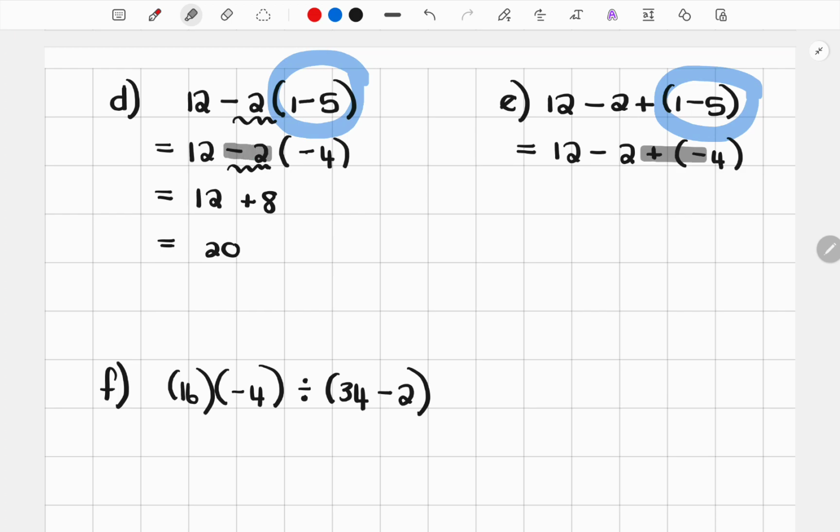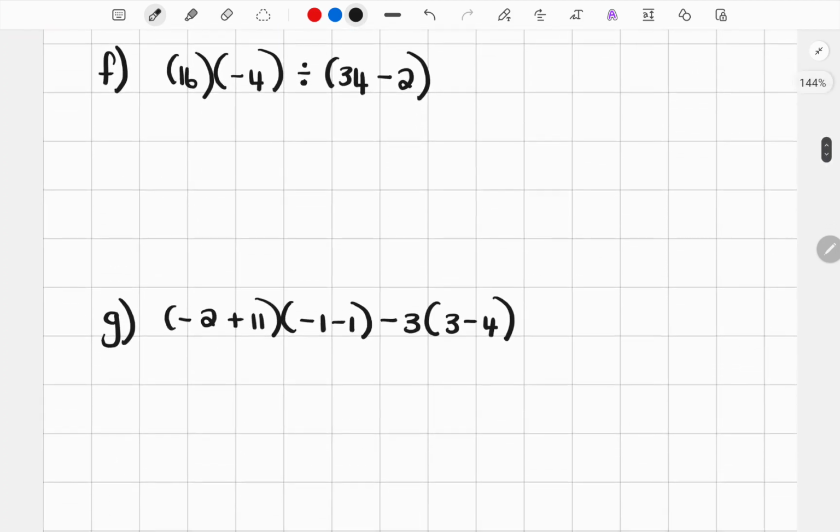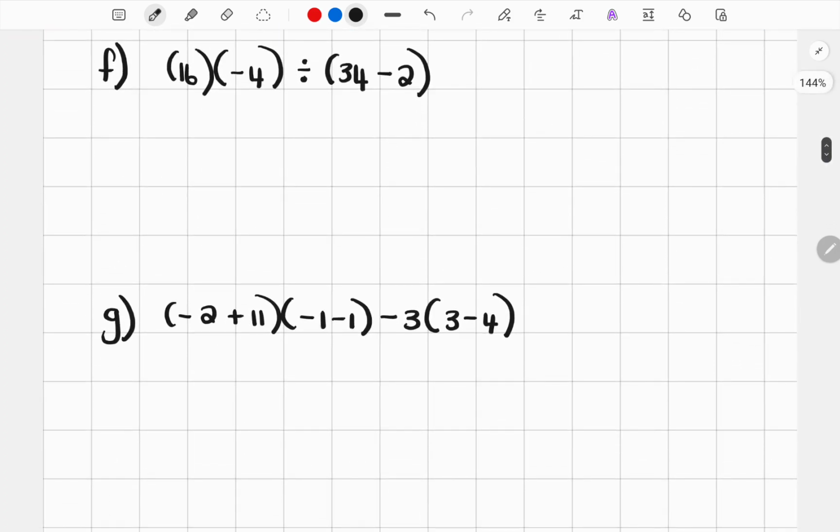Here there was a negative 2. Here there's only the plus. So then you're going to say 12 minus 2 and a plus and a minus, because they're different, it becomes a negative. 12 minus 2 is 10. 10 minus 6 is, 10 minus 4 is 6.